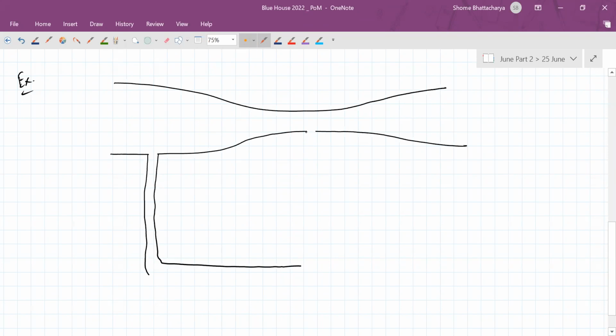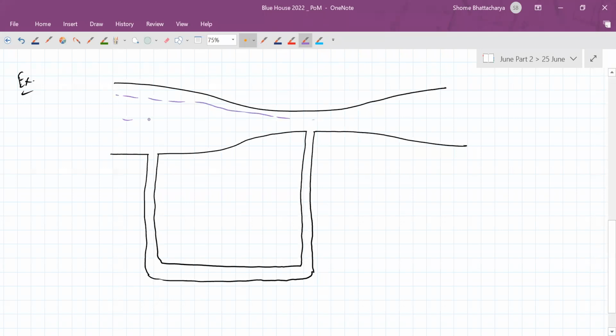The difference here is for the measurement of pressure difference. There is a U-tube inserted into this.